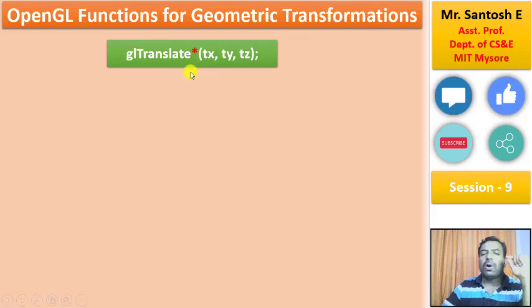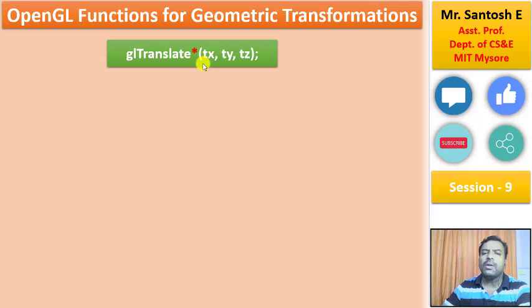Now whatever translation you want to apply, you need to have 3 values: the value of x, the value of y and the value of z. That is the new point where the translation should be taken to, and that is what we are going to have. glTranslate takes 3 parameters, the new position where the object should be shifted.